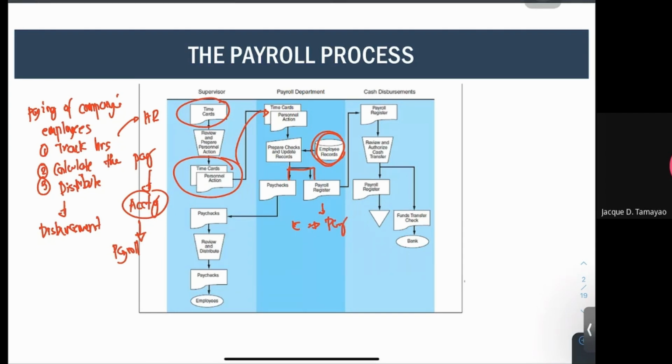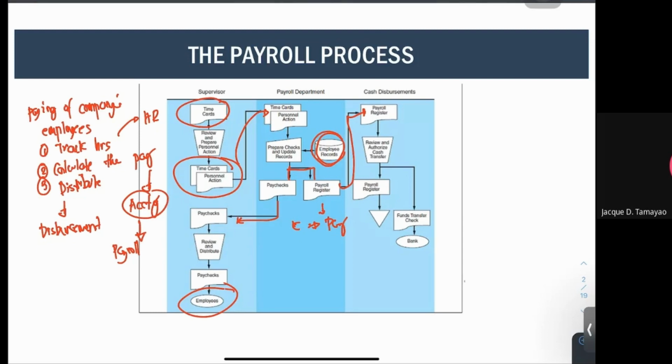The paychecks are the different checks in the name of an employee and their pay. These paychecks will be forwarded to the supervisor, and the supervisor will review and distribute these paychecks to the employees. Now, the payroll register will go to your cash disbursement department.